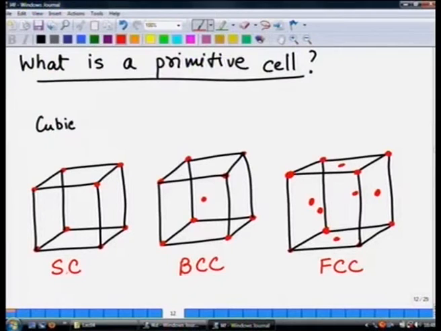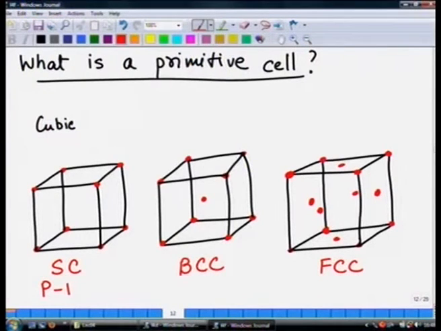Notice how many lattice points we have per unit cell. In this cell with lattice points only at the corners, I have 1 lattice point per cell, which in this case we call a primitive cell, you will recall that.